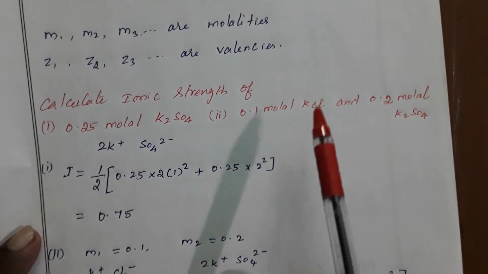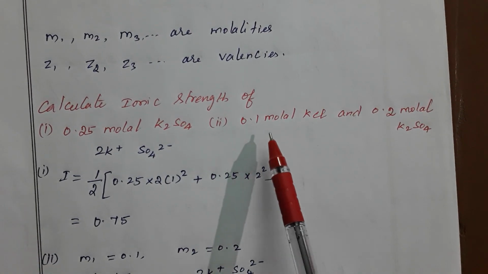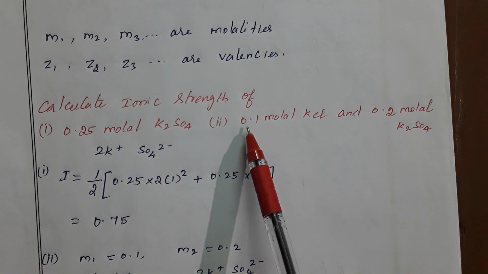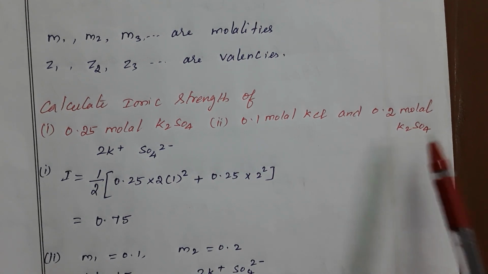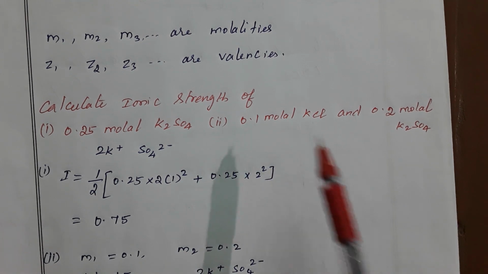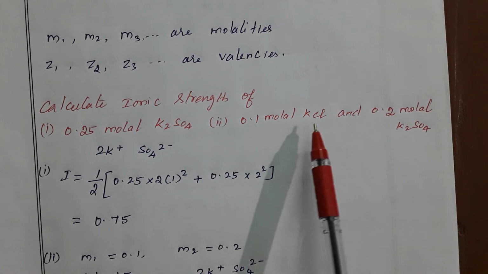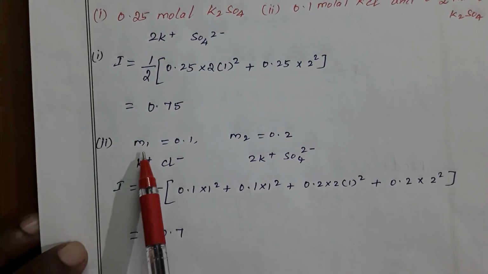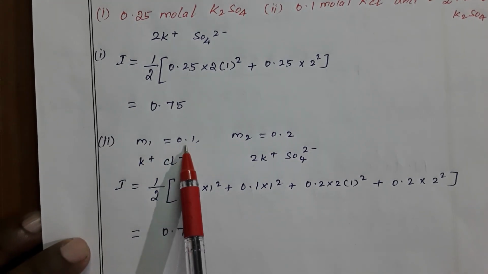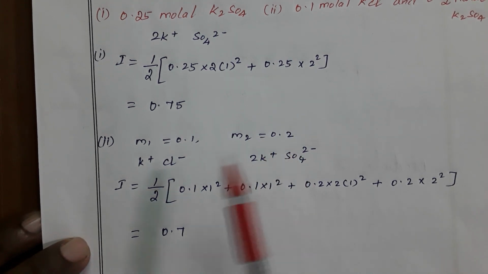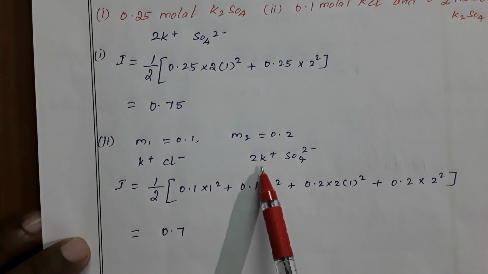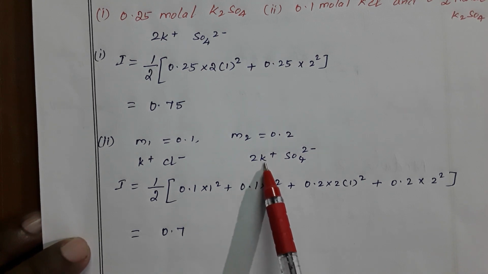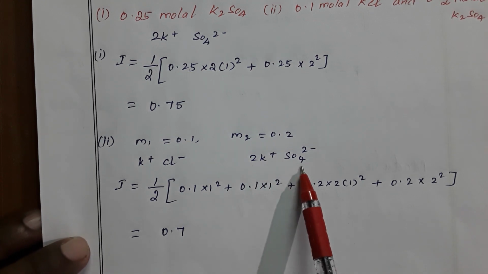The second problem is a combination of two solutions: 0.1 molal KCl and 0.2 molal potassium sulfate. You have to take them additively for both KCl and potassium sulfate. M1 equal to 0.1, M2 equal to 0.2. M1 is for potassium chloride, K plus and Cl minus. M2 is for potassium sulfate, 2K plus and SO4 2 minus.